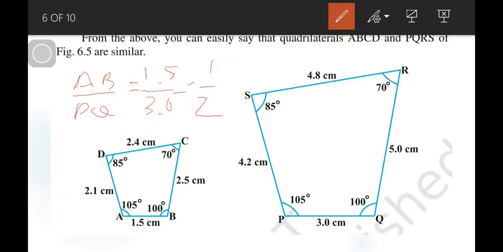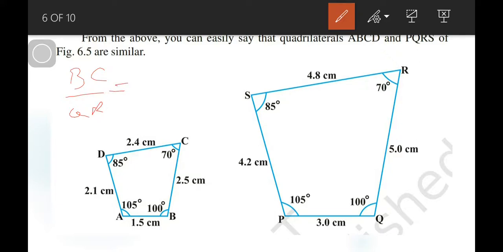Let us consider the second ratio. Now let's talk about BC upon QR, which is equal to 2.5 upon 5.0, which is equal to 1 over 2. It is also equal to this ratio.